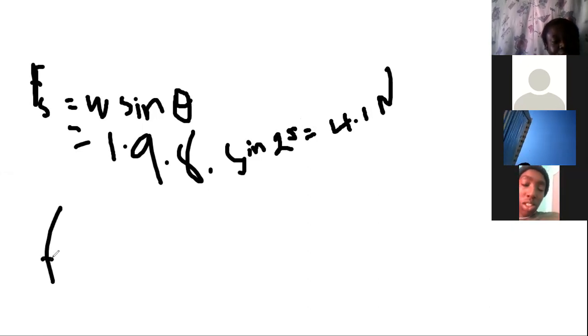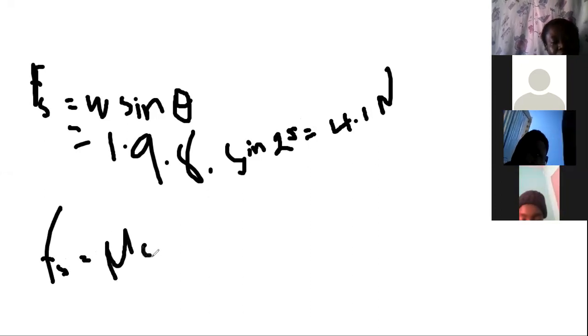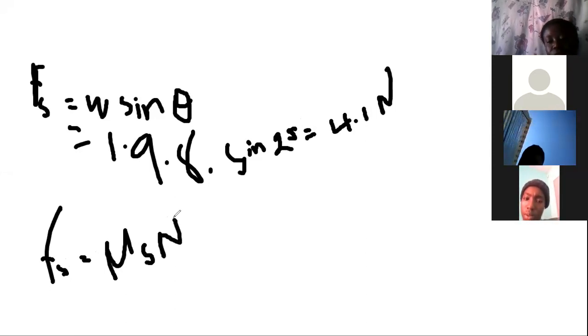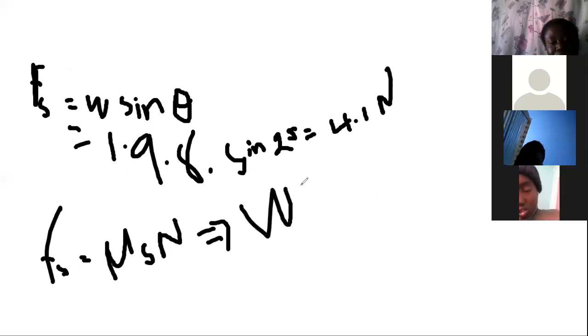Then the question is asking us to find the static coefficient. So we know that the static friction is equal to the static coefficient times the normal force. We can either calculate the normal force, or you can simply do, okay, my static force is equal to the weight times the sine of an angle theta.